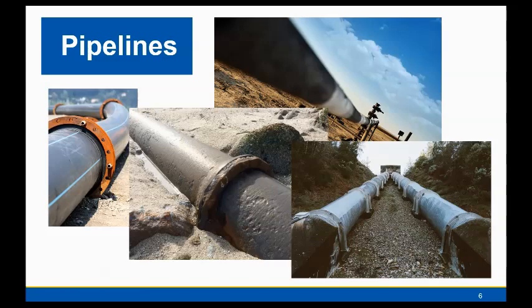So the picture up here at the very top, you can see that it's a very dry, arid environment. The pipeline's running across a pretty open span. Compare that to the picture down here at the bottom where the pipeline is submerged in sandy soil, does not look like it has coating, or if it did, it's completely washed out, and is already exhibiting some of the corrosion.